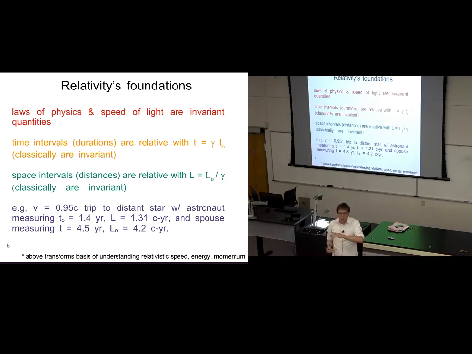The astronaut measured what we call the proper time for the trip. We call that T0. That's the proper time for the trip, because the proper time between two events is measured in the frame in which the events occur at the same place. For the astronaut, leaving Earth and arriving at Alpha Centauri happen at the same place, because their reference frame is glued to their spaceship.